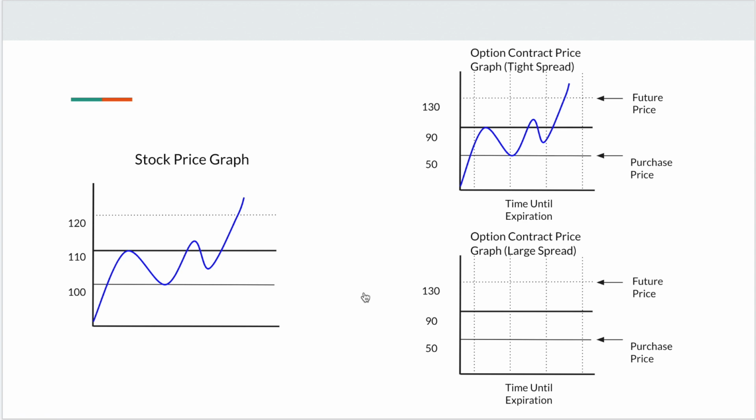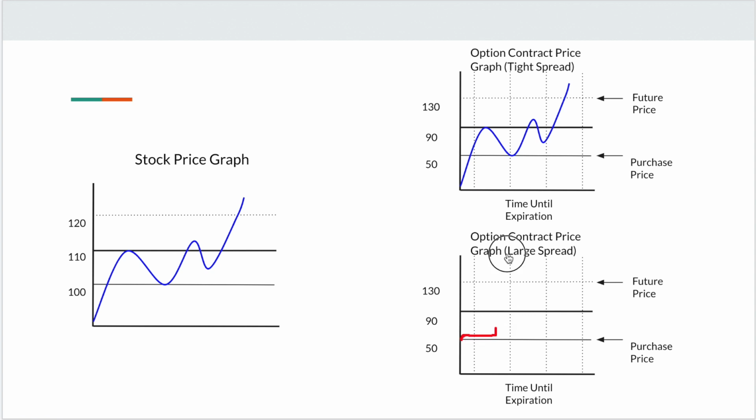But when you have an options contract with a large spread, those two sides do not have agreement. Remember, there is an agreement on how much the option costs between the bid and the ask when we have a tight spread. But with a large spread, because they do not have an agreement, if we purchased at 50 and other people wanted to sell at 90, then every stock movement may not actually affect the price, because there's already a disagreement.